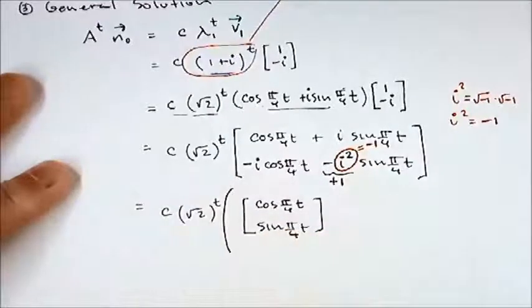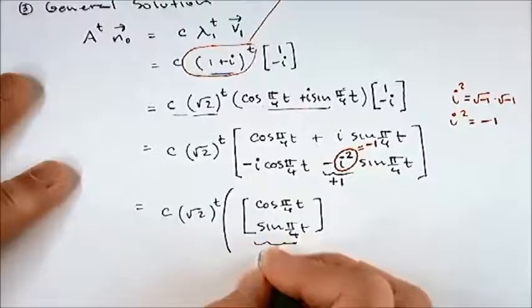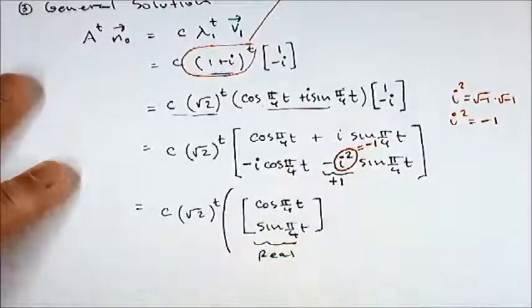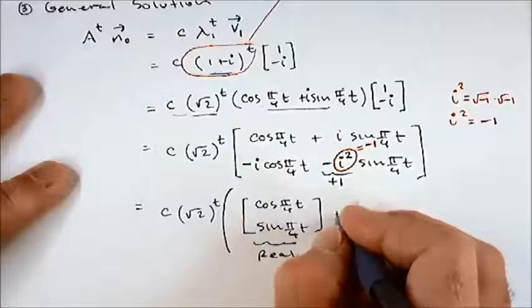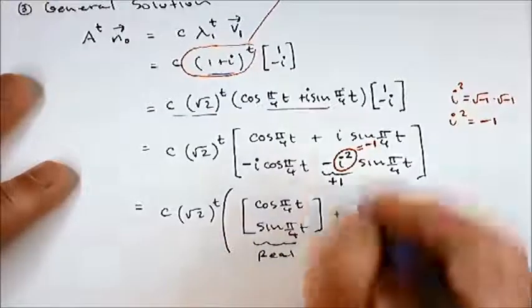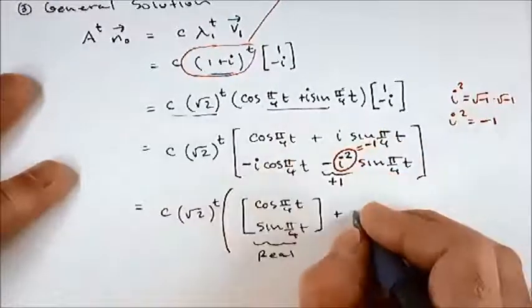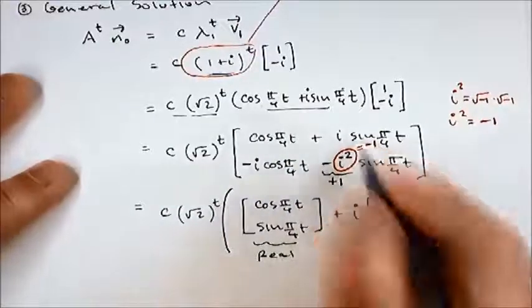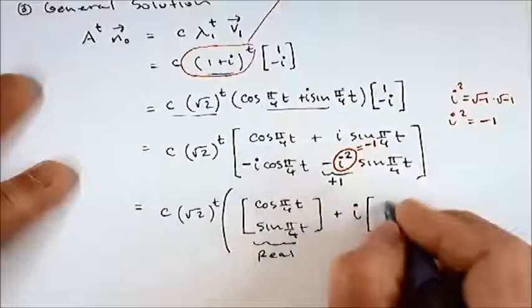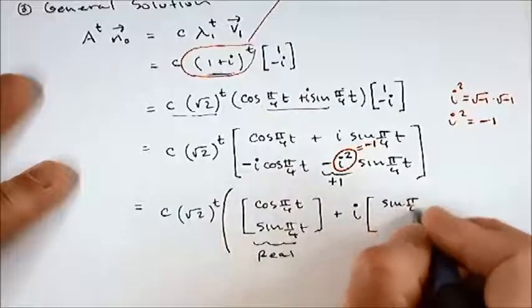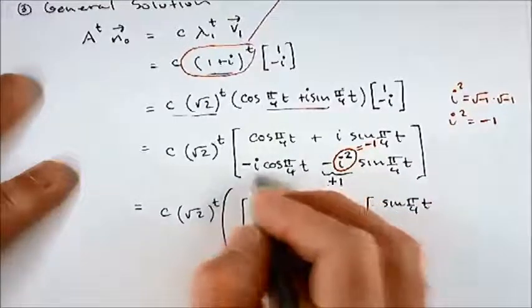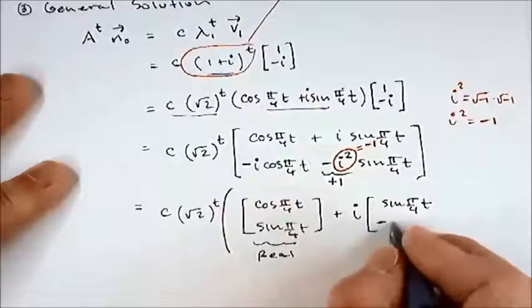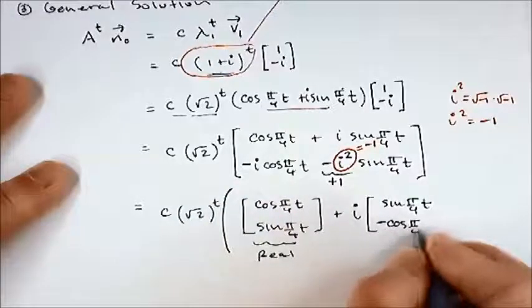I'm just going to emphasize here, this is the real part. And then, of course, I'm going to take the imaginary part. You'll know it's imaginary because I'm going to take out an i. If I factor out an i from this term, that'll be sine of pi over 4t. If I take out an i from this bottom term, it will be negative cosine pi over 4t.